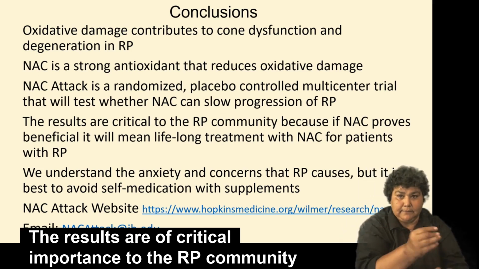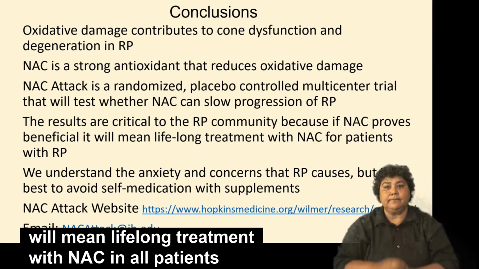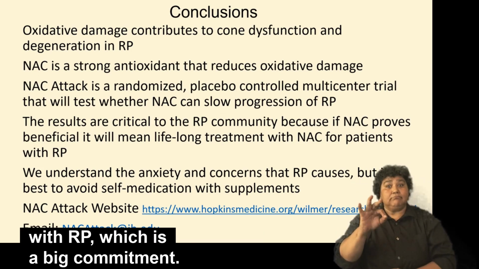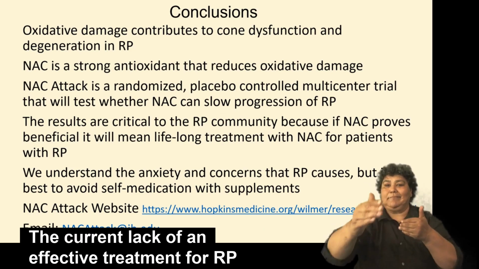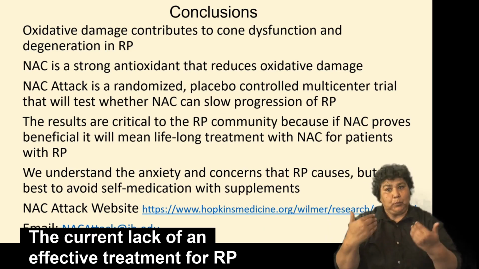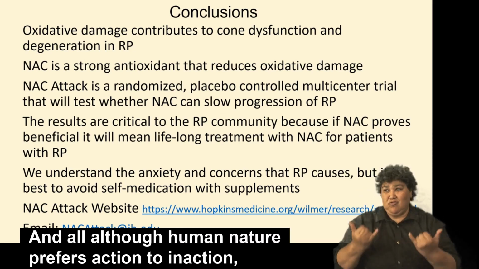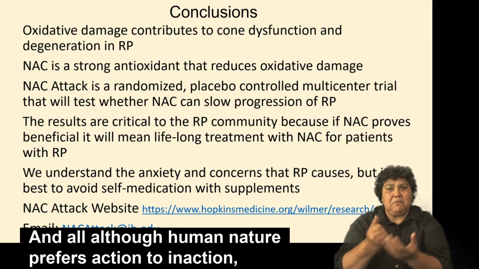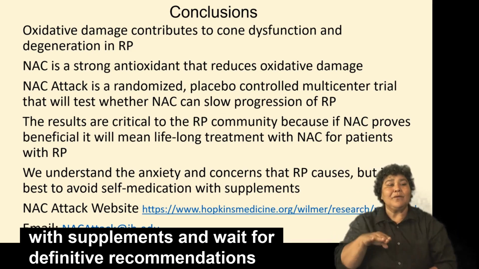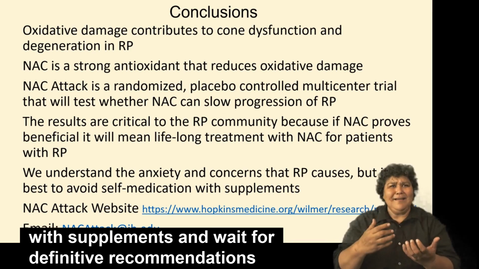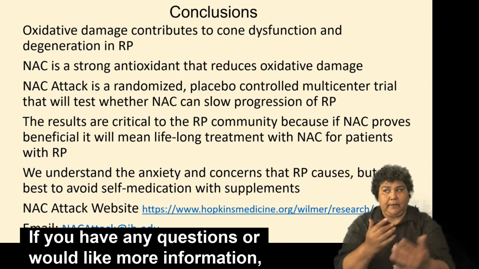The results are of critical importance to the RP community, because if they are favorable, it will mean lifelong treatment with NAC in all patients with RP, which is a big commitment. The current lack of an effective treatment for RP is frustrating for patients and physicians, and although human nature prefers action to inaction, it is best to avoid self-medication with supplements and wait for definitive recommendations from clinical trials.